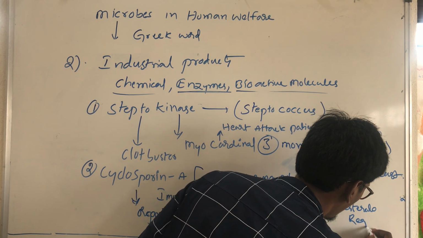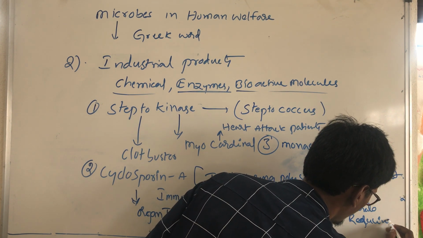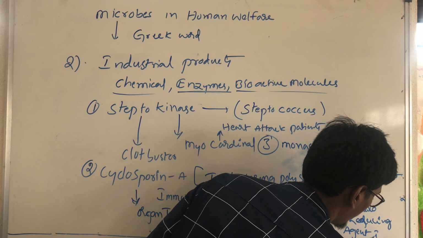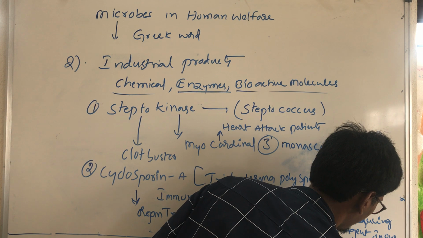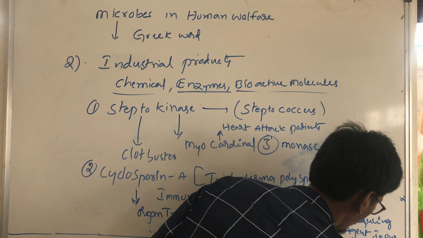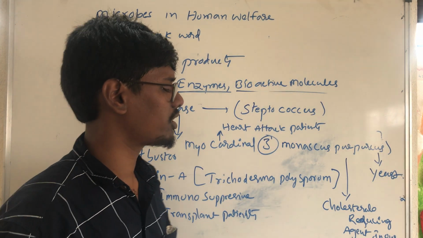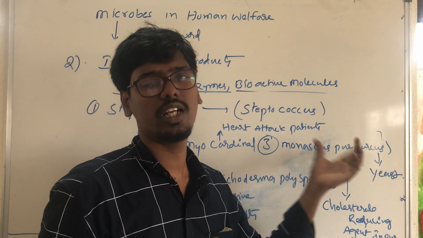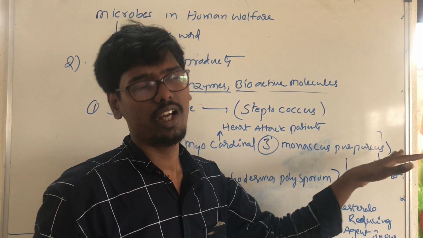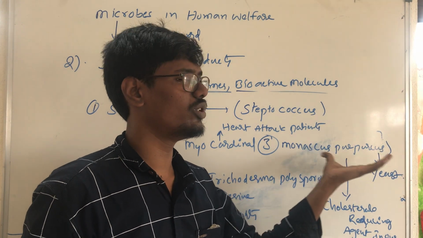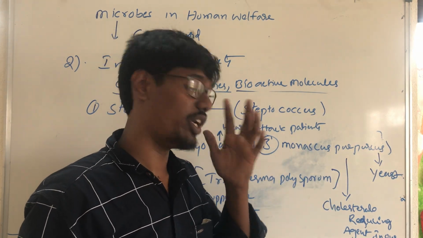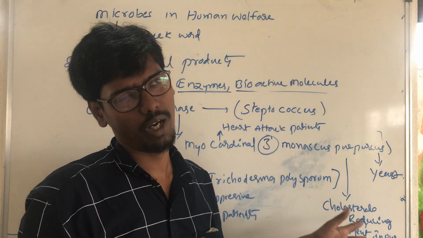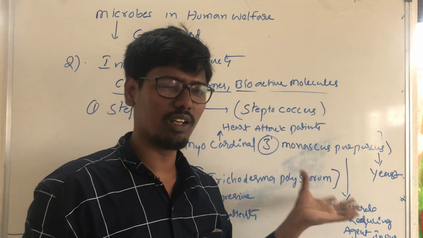Monascus purpureus is produced from yeast. It is used in our body to reduce cholesterol in our blood.